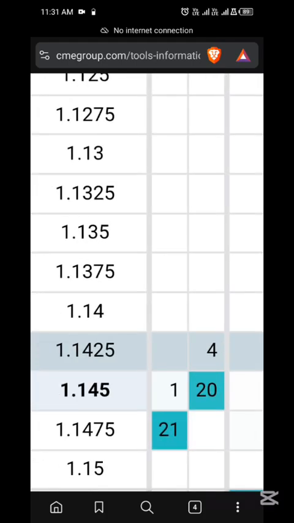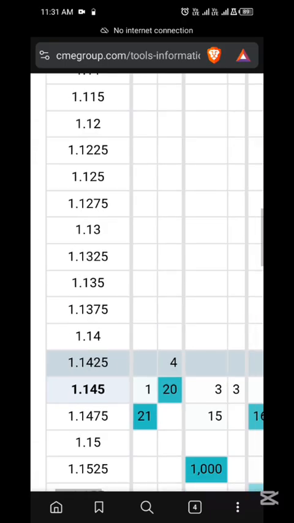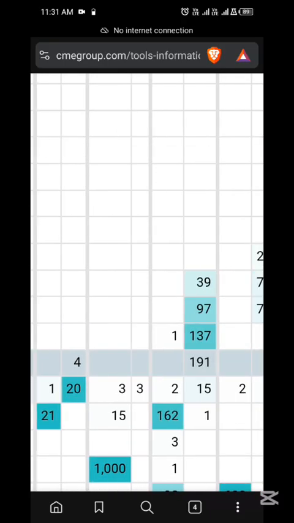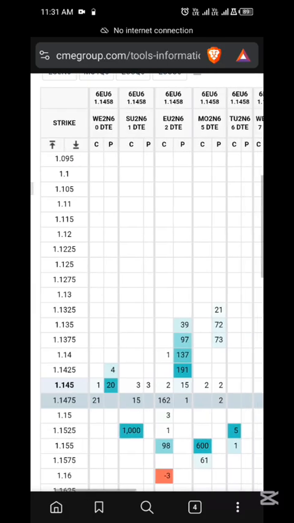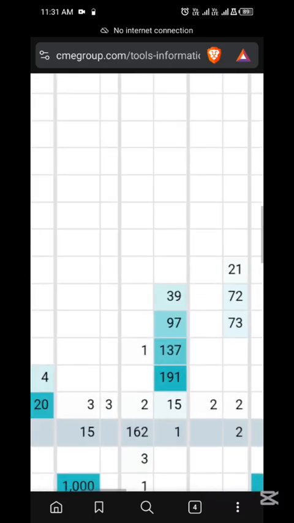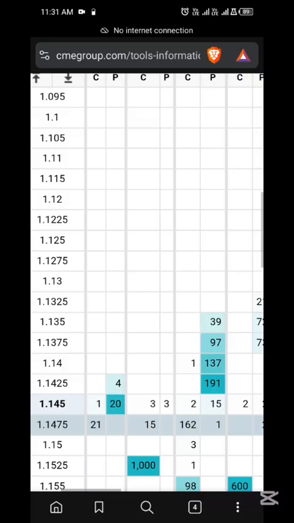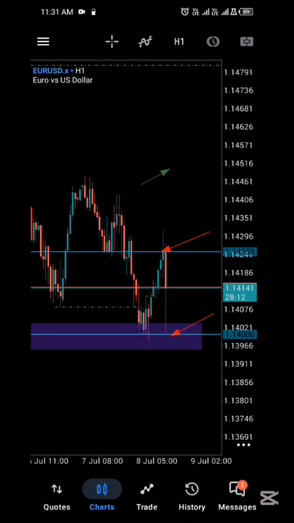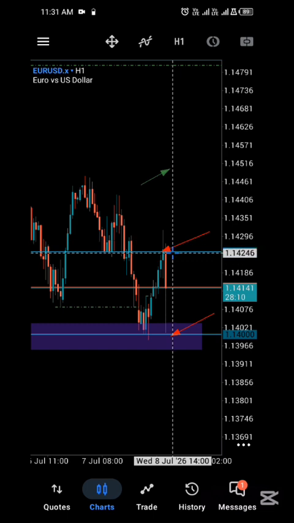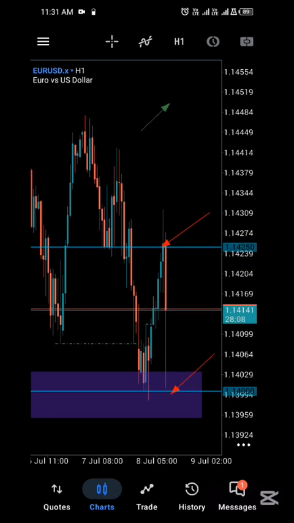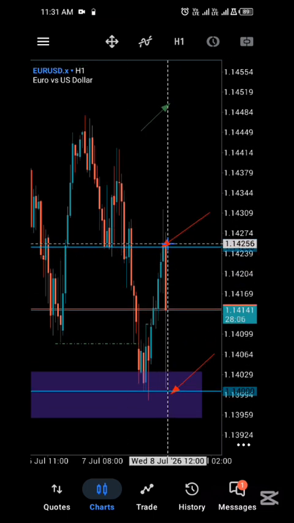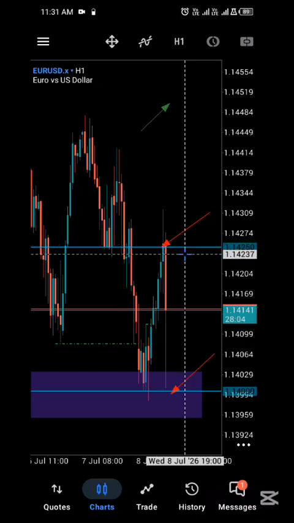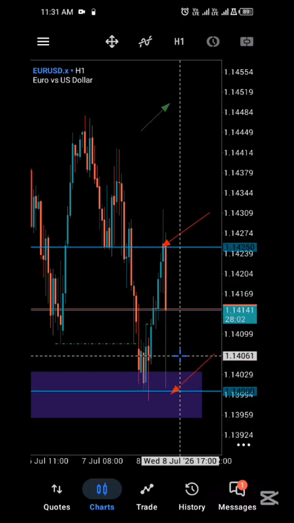Around 1.1425, there were 4 put contracts, and on this other zone here, we had 191 contracts added. So I'm expecting some selling pressure around that zone. That's the reason why I had marked this earlier in the morning, and that's why we got that selling pressure, and the market has plummeted to the downside.